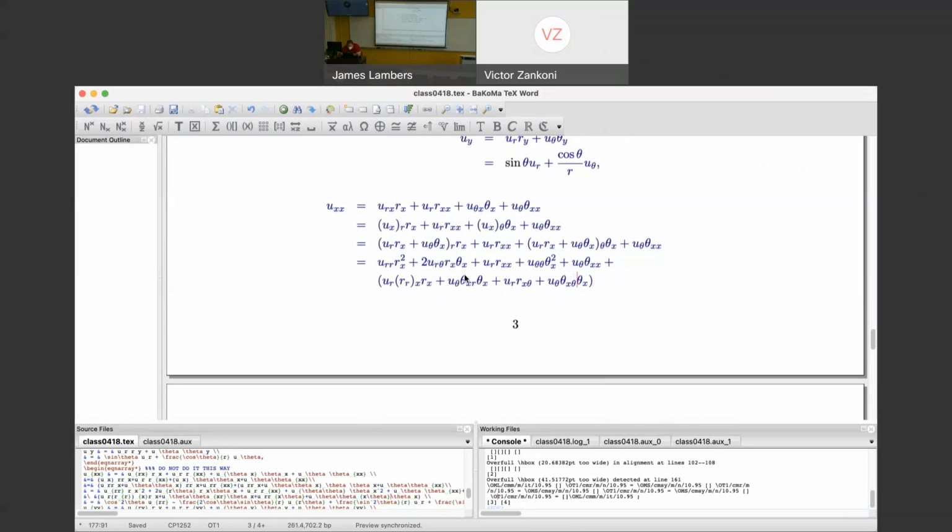Here, derivative of theta with respect to r is 0. Theta and r are independent variables. And here too, derivative of r with respect to theta, that is 0. So then its derivative with respect to x would also be 0. And this term should also have a factor of theta_x. Okay.